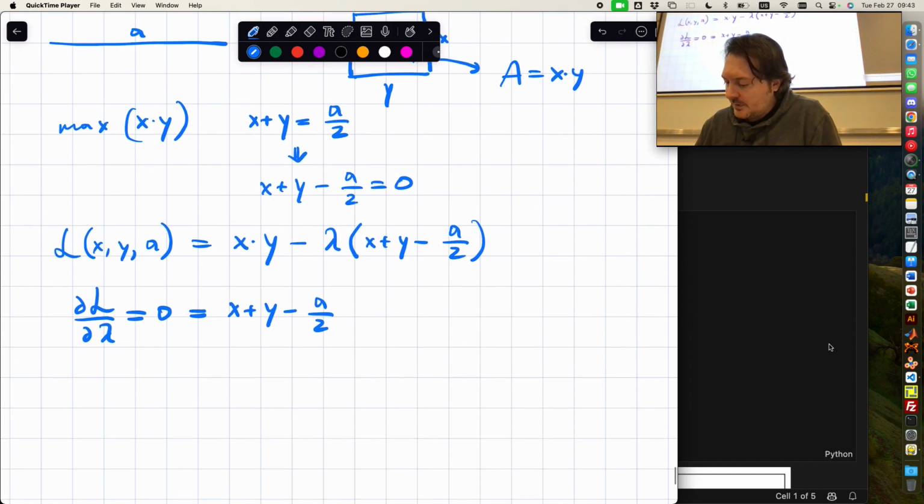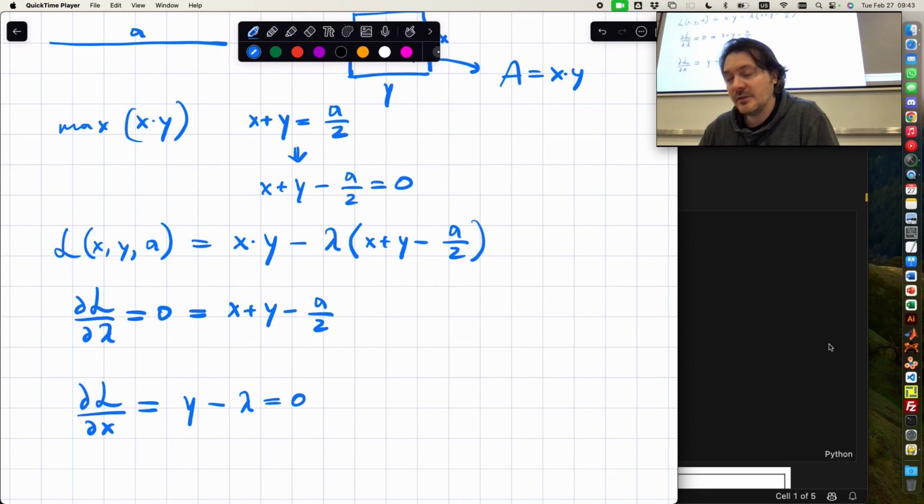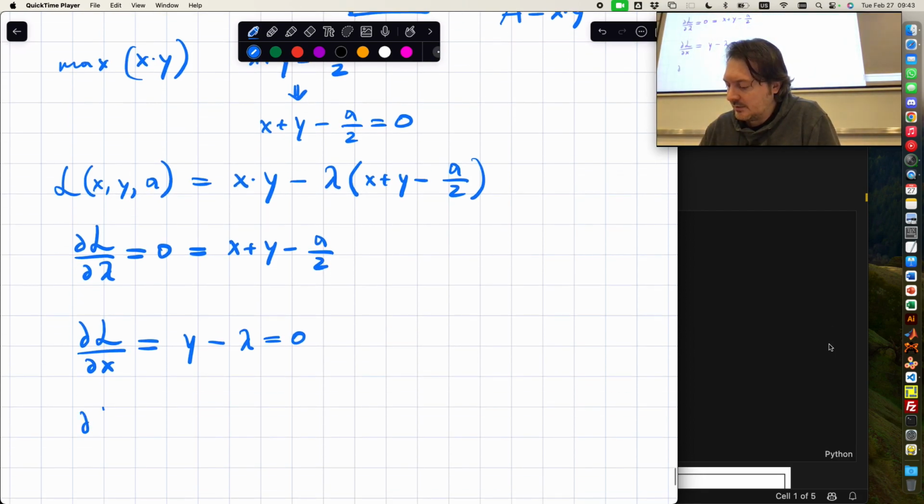But what happens if you take the derivative with respect to x? You get y minus lambda equals 0. Do you agree with that? Just check my algebra, please. Is this correct? Yes? How about when you take with respect to y? You get x minus lambda equals 0.